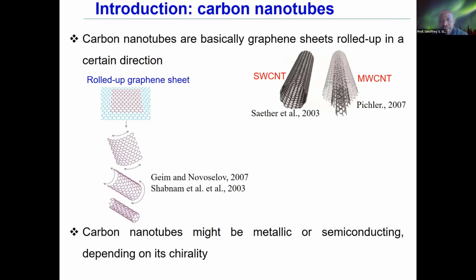So let me start by saying that the search for new and advanced materials for various applications, including environmental protection, is an ongoing and important task of research by many scientists.